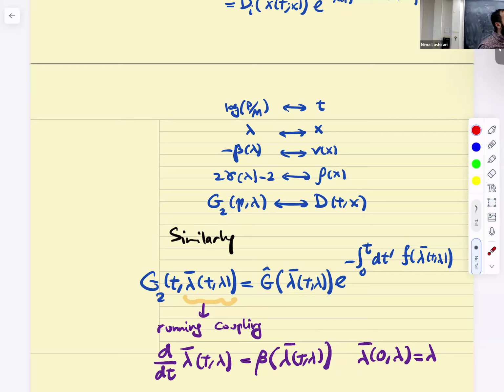Otherwise, this is way too formal. You have to remain within the realm of perturbation theory. Because remember that you're flowing along this, and you can only integrate the flow in the vicinity of the fixed point. Away from it, you don't know how to find the derivatives. These derivatives are beta functions. Good.